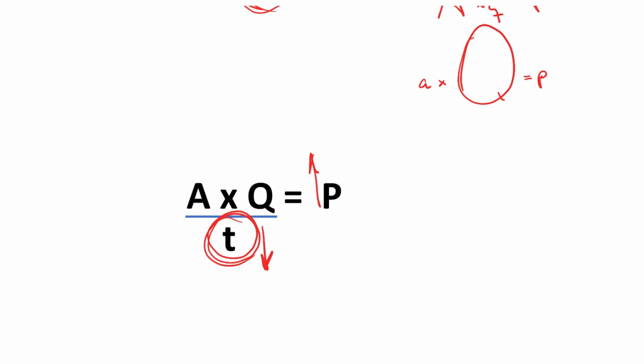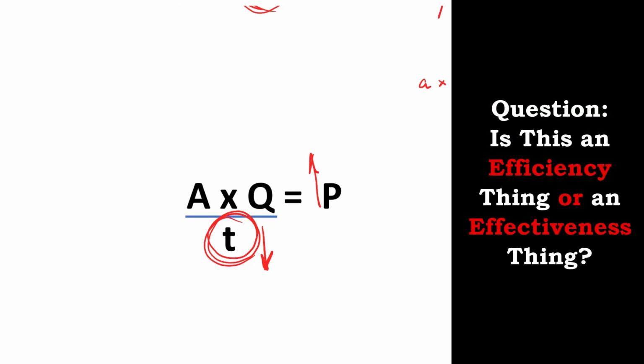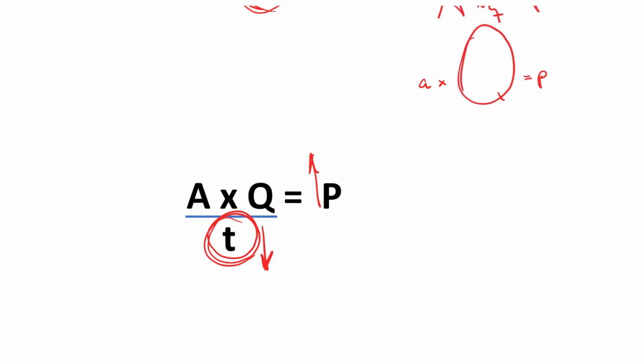So you'll often hear, is this an efficiency thing or an effectiveness thing? Well, the quality is an effectiveness thing. The activity is both effectiveness if you're doing it well and efficiency if you're doing it quickly. Okay, so activity times quality over time equals productivity.